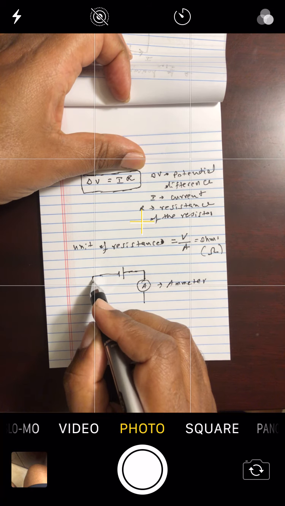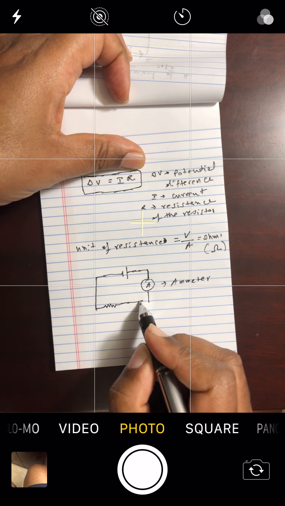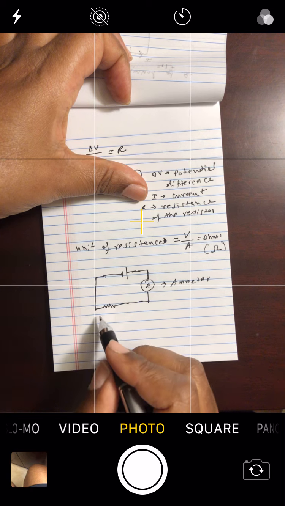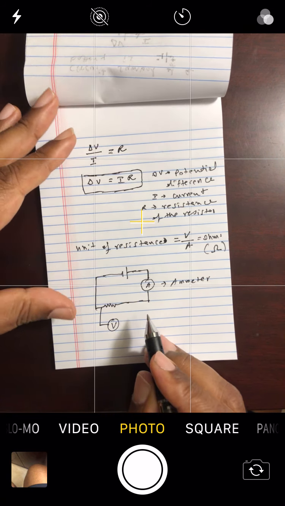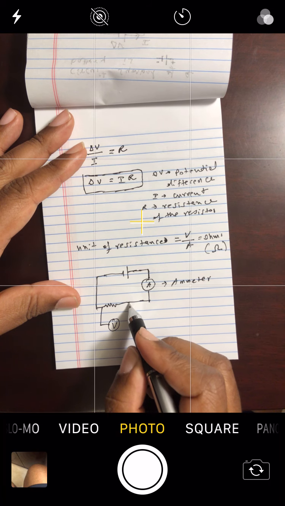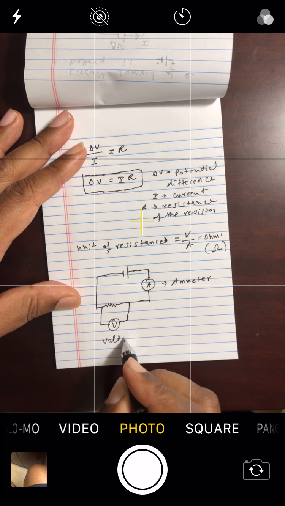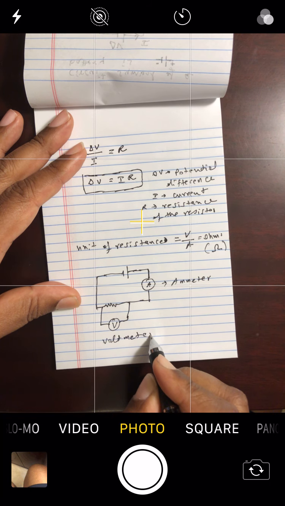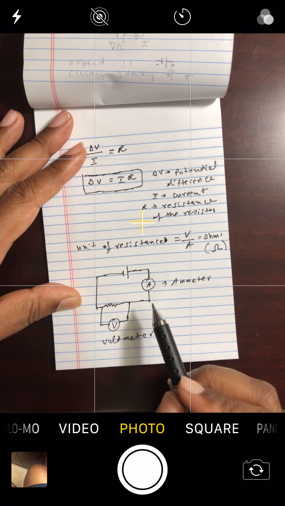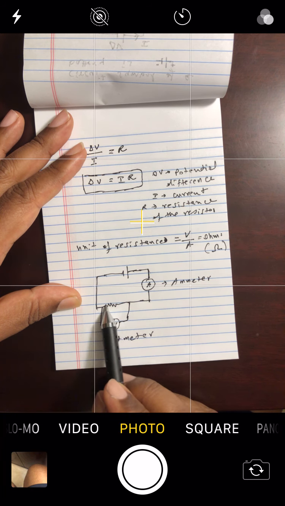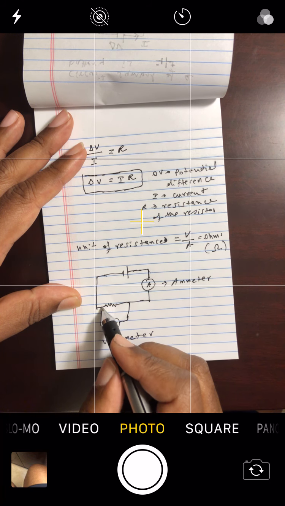The potential difference is measured by a device connected in parallel with the resistor, and it's called a voltmeter. This is the symbol for a voltmeter. It's a device that measures potential difference between two points. So remember, an ammeter is put in series in the circuit, while a voltmeter is put in parallel with the resistor, just like this one.